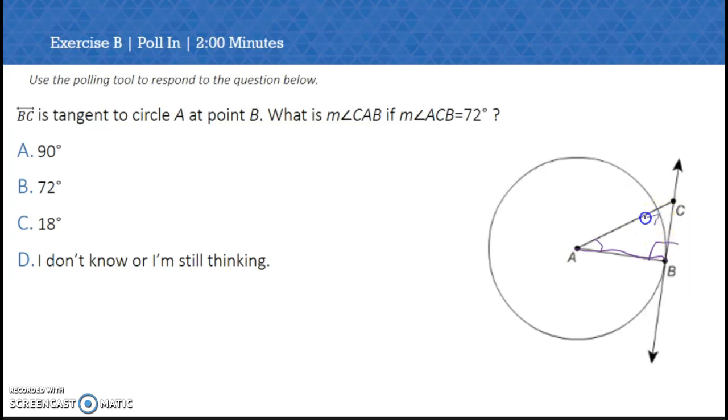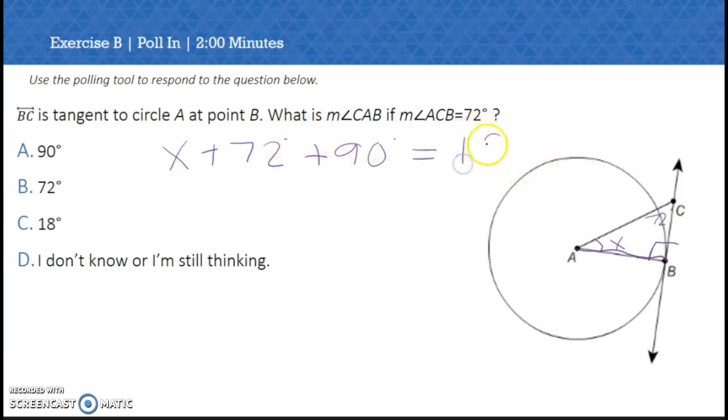Well, we can figure that out pretty easily, knowing that this is a right angle at angle CBA, because now I know that those 3 angles have to add up to 180. So let's name angle CAB X, plus the 72 degrees, plus the 90 degrees, that right angle that we know is there.